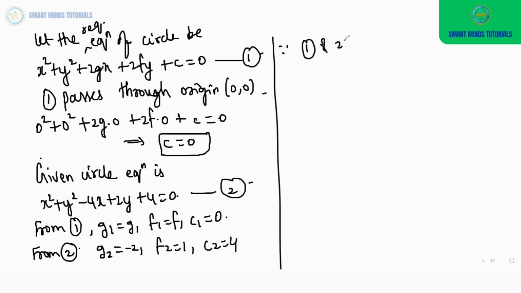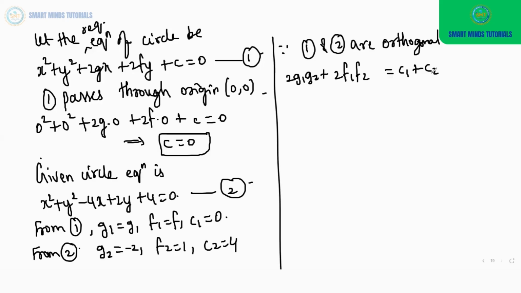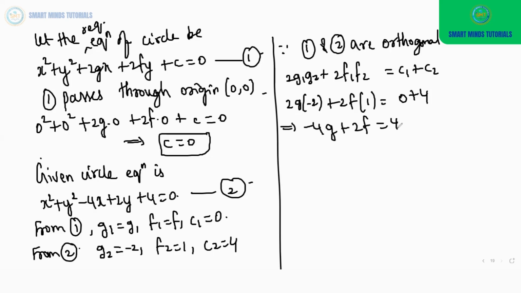Now since 1 and 2 are orthogonal, what is the orthogonal condition? 2g1g2 plus 2f1f2 equals c1 plus c2. So 2g into minus 2 plus 2f into 1 is equal to 0 plus 4. So minus 4g plus 2f is equal to 4. If I take 2 common, minus 2g plus f is equal to 2.